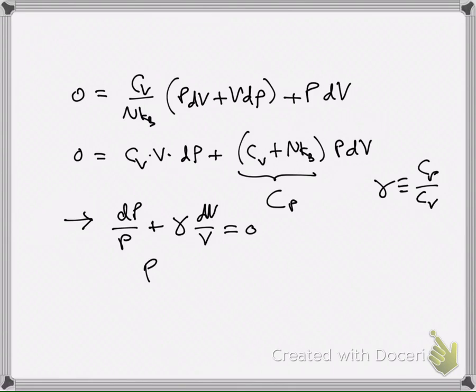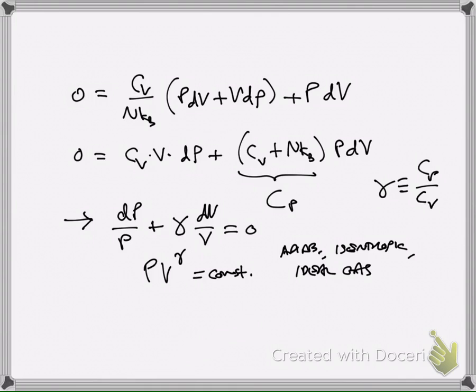It basically shows that PV to the gamma equals a constant for this adiabatic, isentropic, ideal gas case. And if we also know the ideal gas law, then this implies that TV to the gamma minus 1 is a different constant, but still a constant under this process.